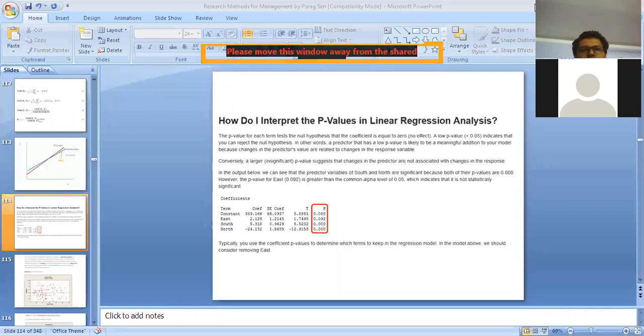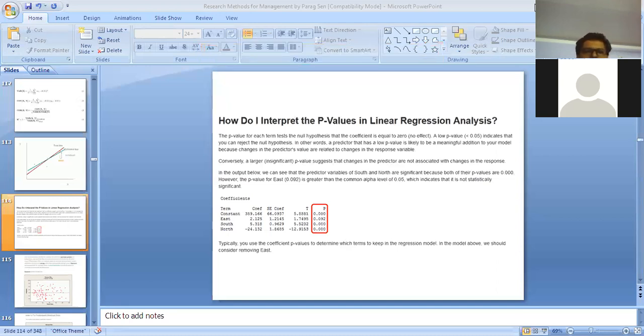So x1 is speed, x2 is feed, and x3 is depth of cut. And suppose you are going to find out the relationship between the force and the speed, feed, and depth of cut. Or you can also say how these independent variables are affecting the dependent variable called force.